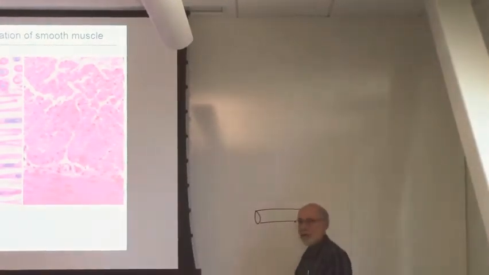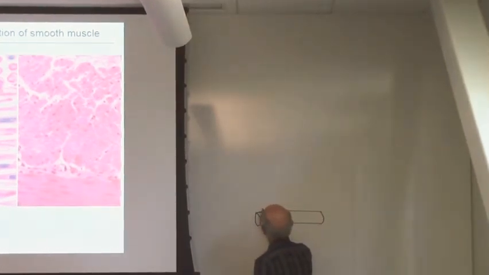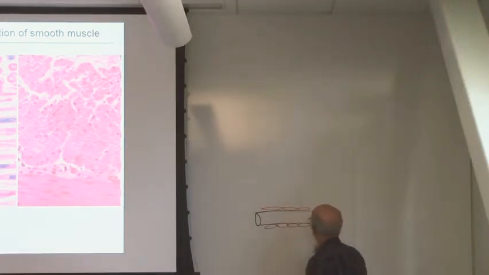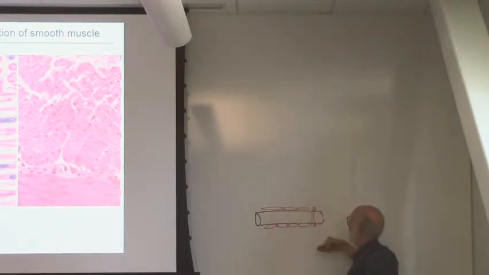Let's just say an artery, small artery. We have smooth muscle that is organized longitudinally, along the tube. And we have smooth muscle that is organized circularly, wrapping around the tube.